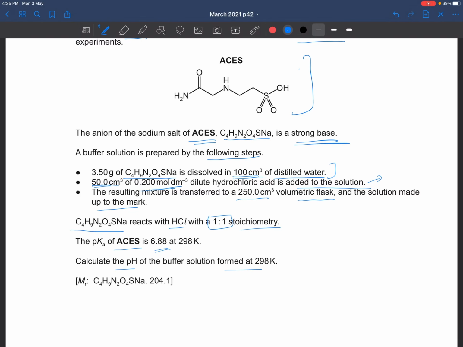Now, a buffer solution forms when a weak acid combines with its conjugate base.